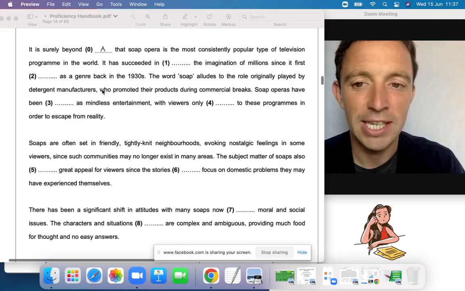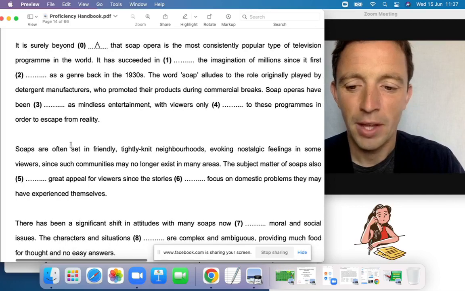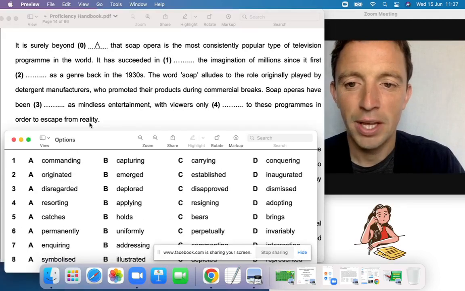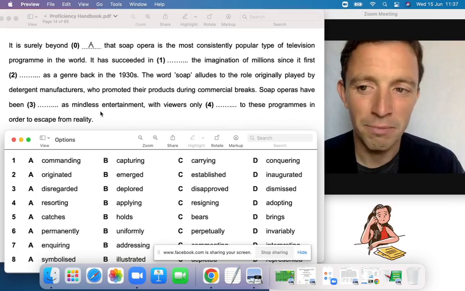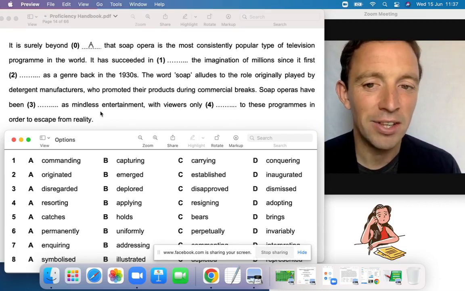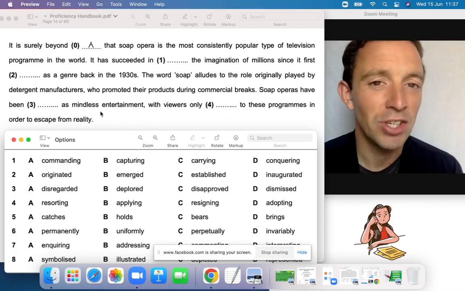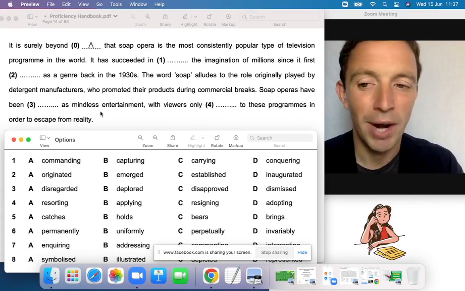It has succeeded in, sorry, I'm just trying to make this a bit bigger for everybody. It has succeeded in capturing the imagination of millions since it first emerged as a genre back in the 1930s.